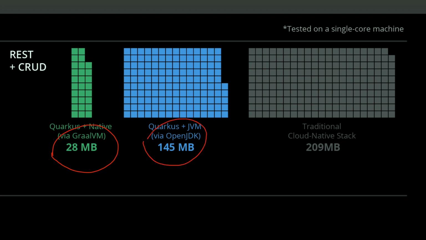And your traditional cloud native stack is going to take at least 209 megabytes of RAM. So it doesn't matter which scenario you choose, Quarkus is much smaller than your traditional cloud native stack. You choose if Quarkus can be like half the size or like 10 times smaller than your traditional cloud native stack. This is for memory consumption. Remember, resident set size. And what about boot plus startup time?